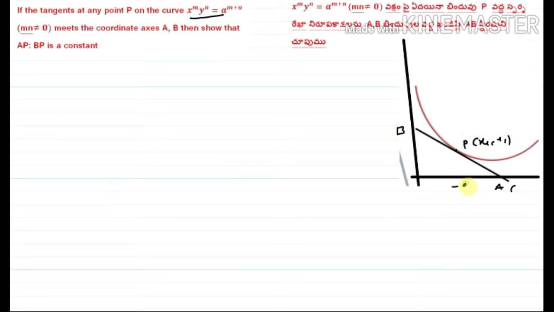If this length is a, this coordinate becomes a comma 0, and if this length is b, this point becomes 0 comma b. Now show that AP is to BP is constant. AP is to BP, we have to prove this as constant. So further, that A, P, B are collinear here.